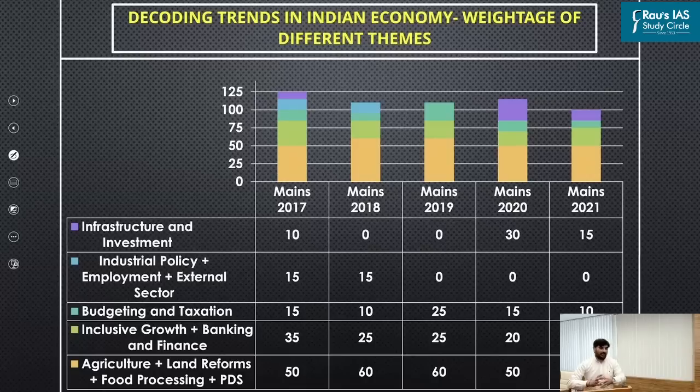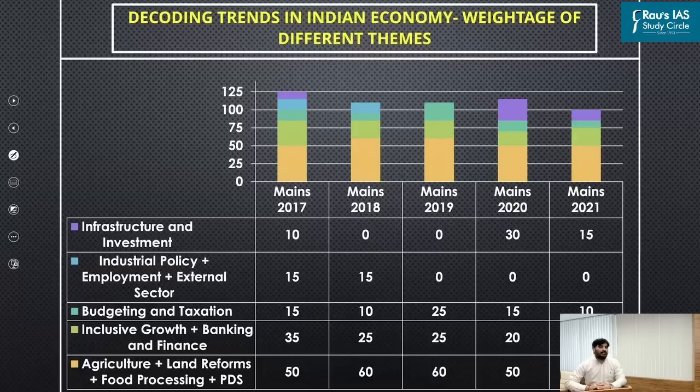As seen in the previous slide, this year we had 100 marks from the Indian economy in GS paper 3. And out of these 100 marks, almost 50% weightage, that is 50 marks, has been asked from the theme of agriculture, land reforms, food processing, and public distribution system, which happens to be the most important theme in the Indian economy.